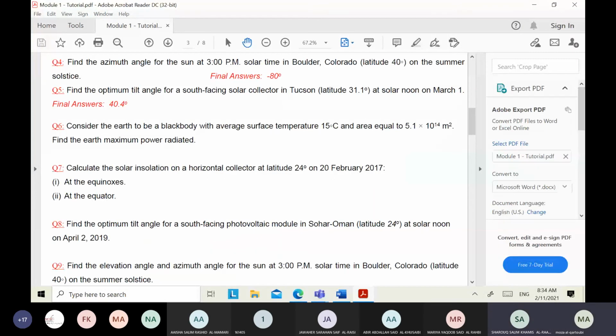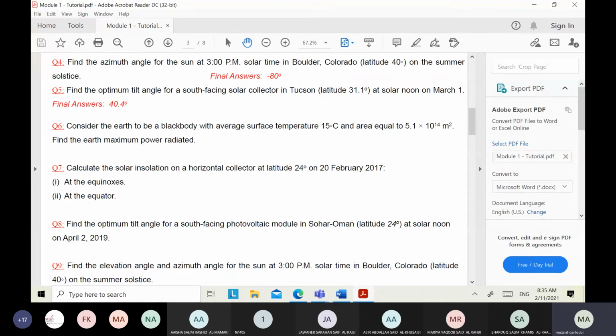Yes. Okay. So in question number 4, we solved it before, last hour. Find the azimuth angle for the sun at 3 p.m. solar time in Colorado, given latitude 40 degrees, on the summer solstice. So now in question number 9, find the elevation angle. This is the extra part.